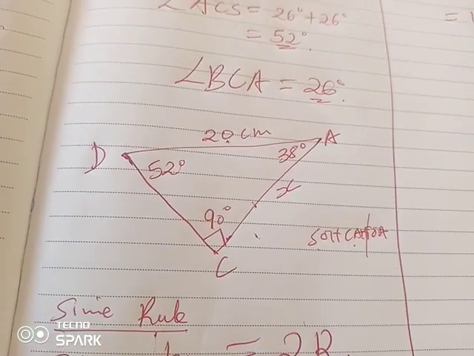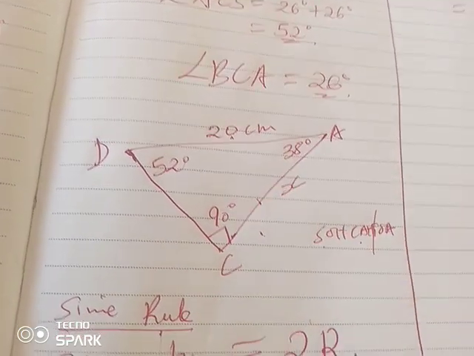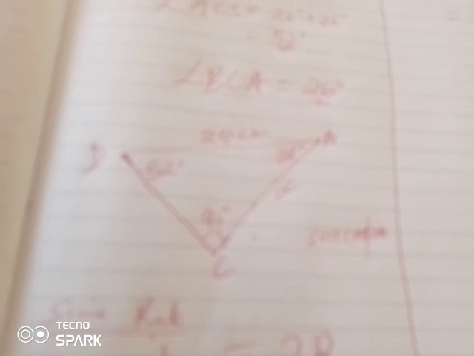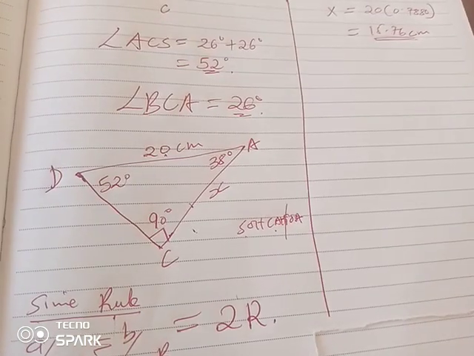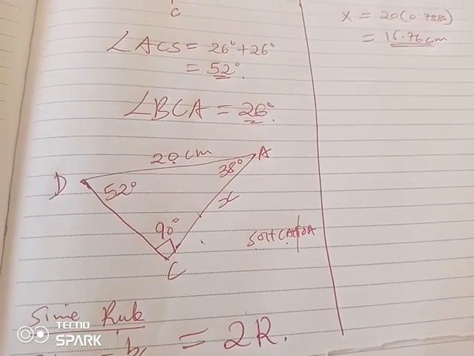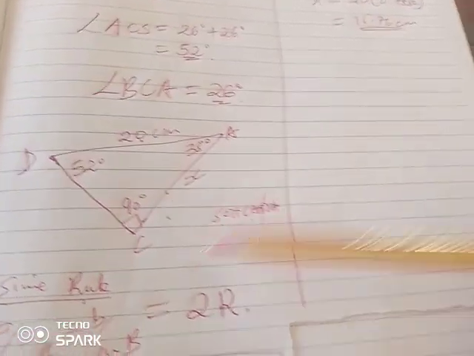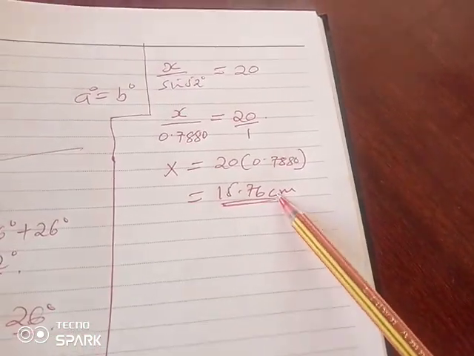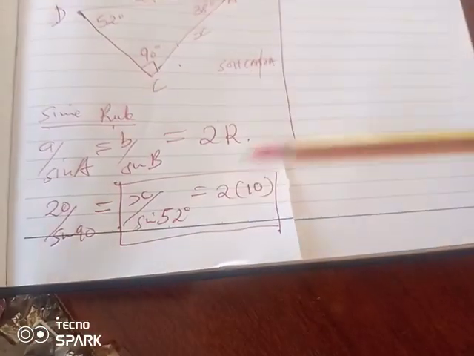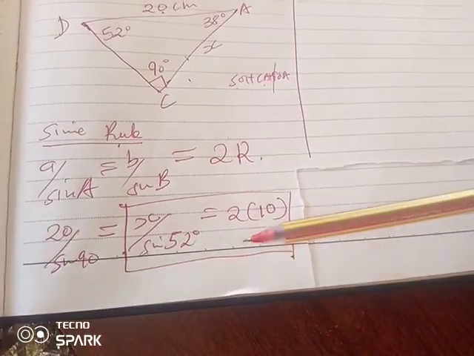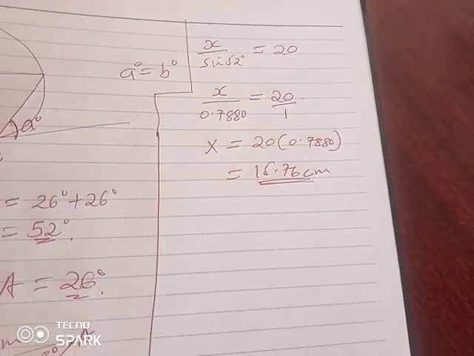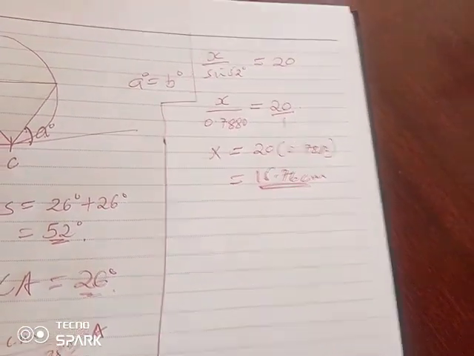Sine 52 can work better, or cos 38 can work better. So we'll be able to still get this, but I chose to use sine rule to also help those who are not well conversant with it, assuming that most of the students are well conversant with SOHCAHTOA.